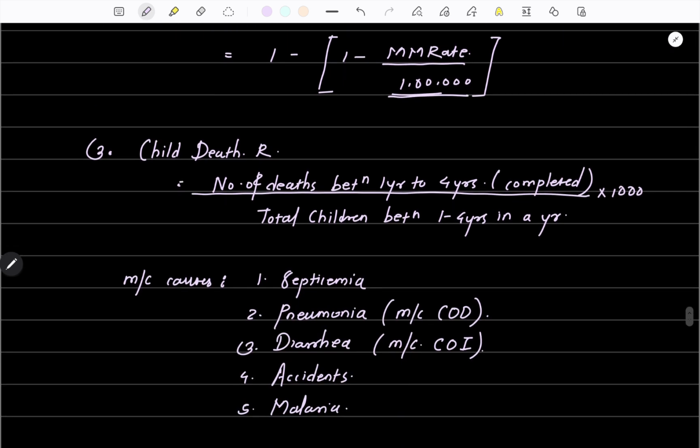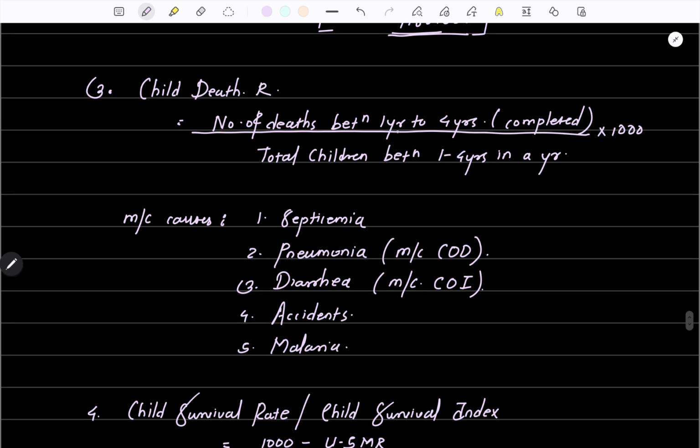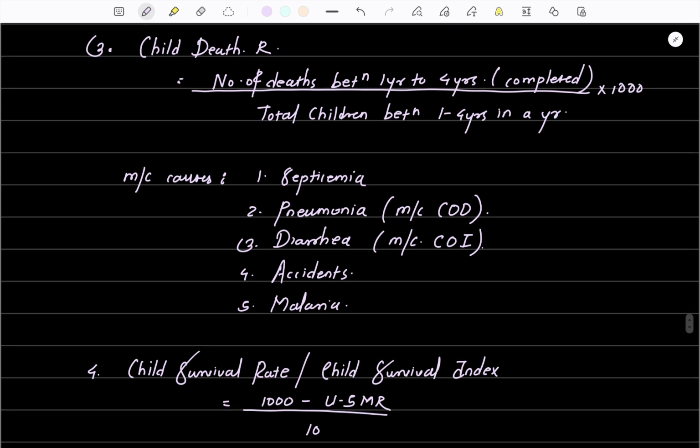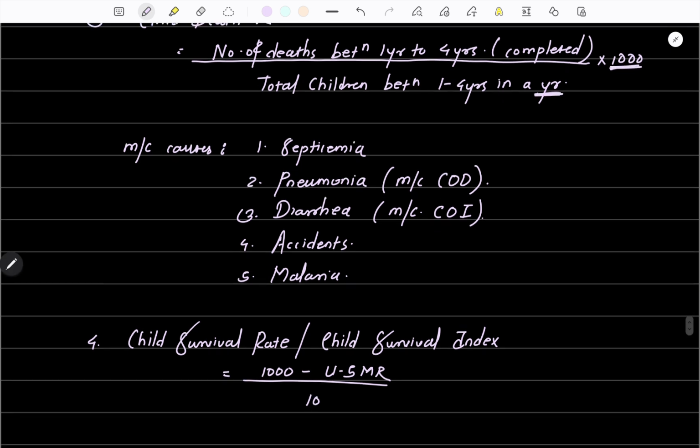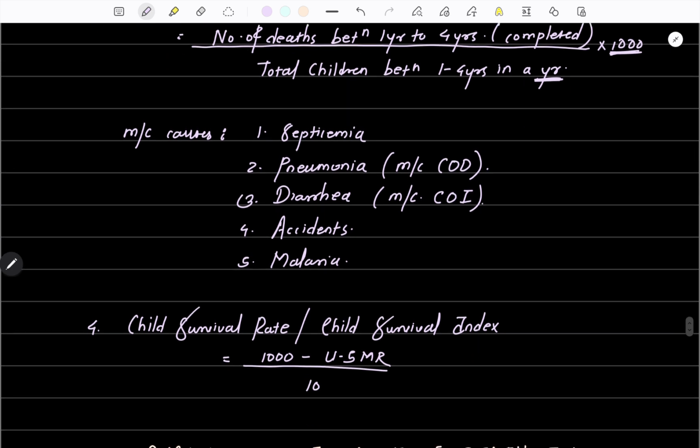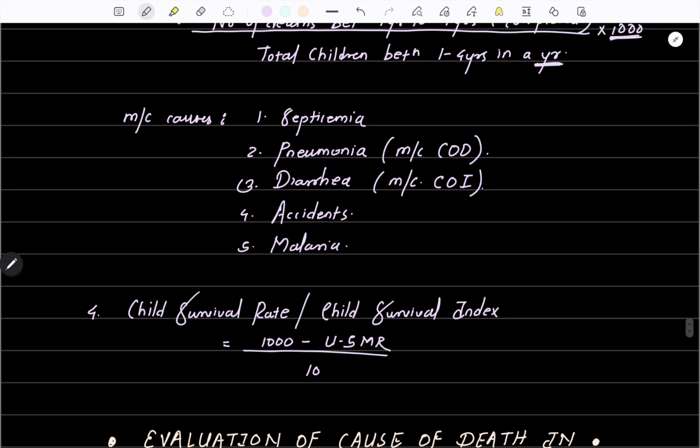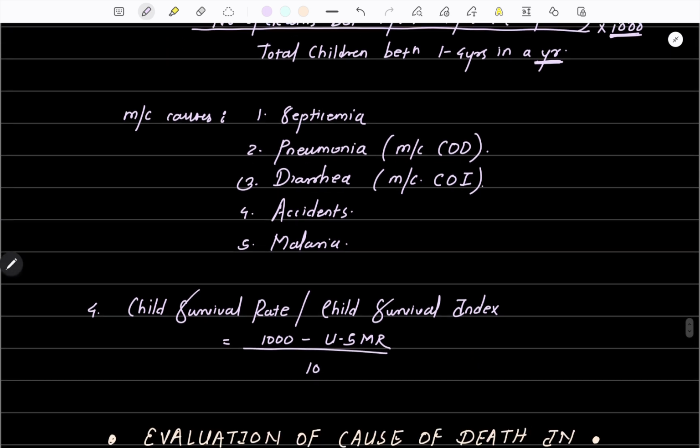Okay, then child death rate: number of deaths between 1 year to 4 years, that is 4 years completed, divided by total number of children between 1 to 4 years in that particular year, into 1000. Most common causes: pneumonia is actually the most common cause of death, and diarrhea is actually the most common cause of infection.